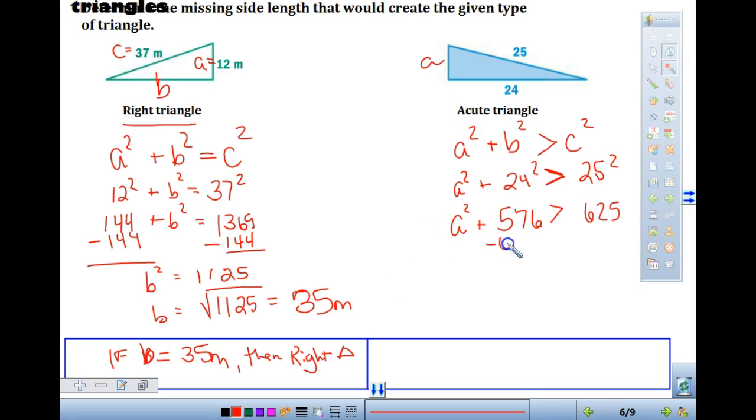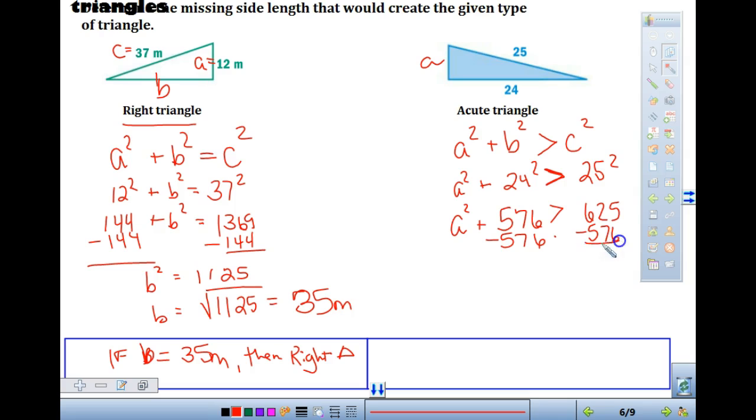So subtract 625 from both sides? Yes. No. If I subtract 625 from both sides, did I get rid of this 576 here? You told me subtract, you said 576 minus 625, right? Did you mean subtract 576 from both sides? Yeah. Okay. So subtracting 576, that's different than subtracting 625, okay?